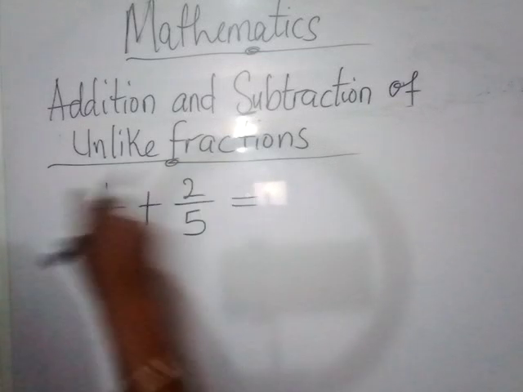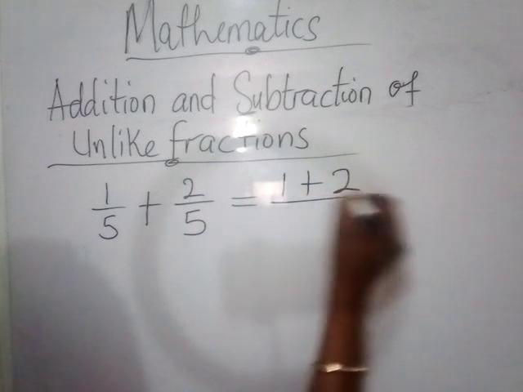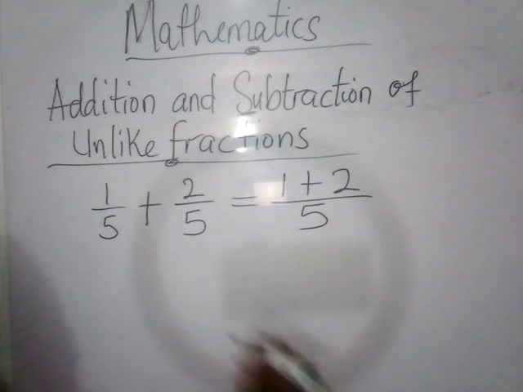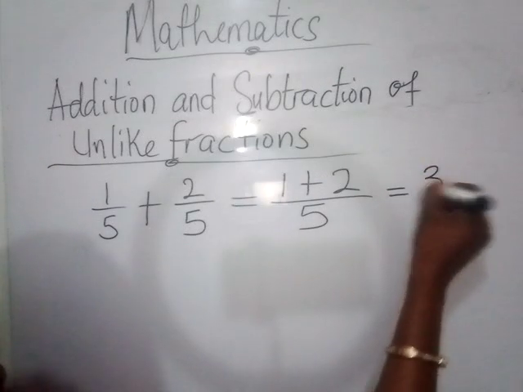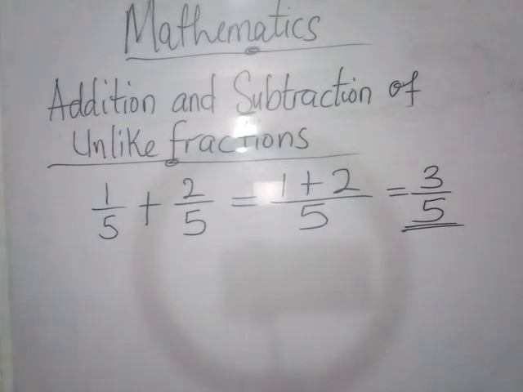Remember, you're just simply adding numerators together. So it gives you 1 plus 2 over 5. You just pick one of the 5 because it's the same number. And 1 plus 2 is what? 3. So it's 3/5. It's as straightforward as that.